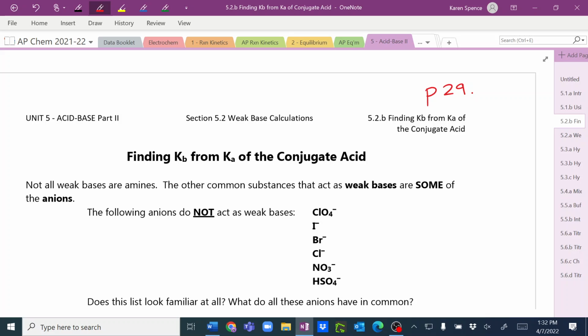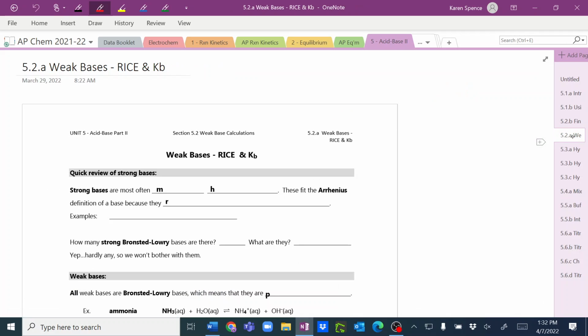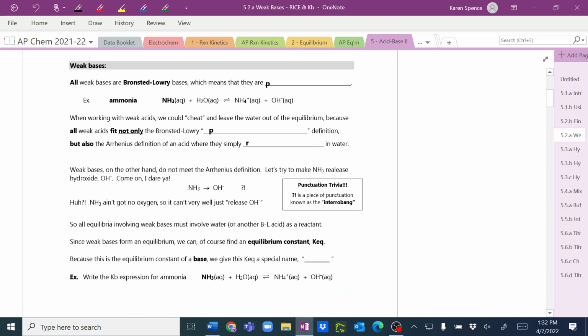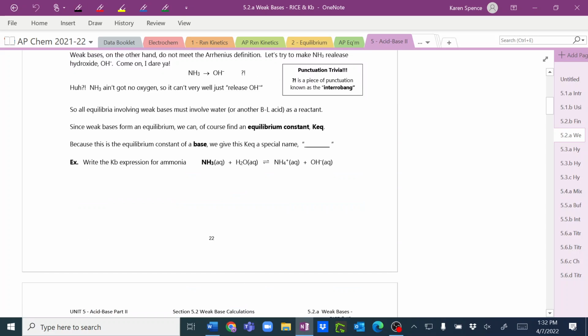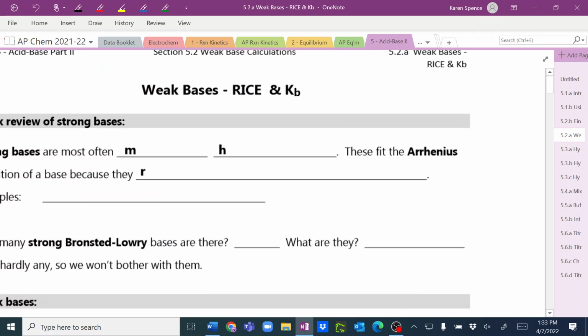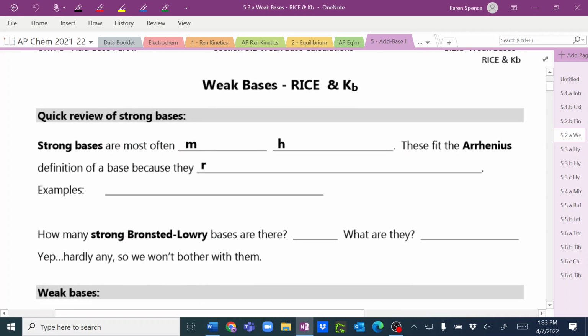Oh, hang on. Did we do weak bases? Oh, I'm so sorry. I'm on the wrong one. My pages are not in order. Page 22.